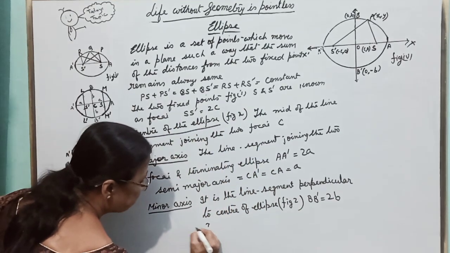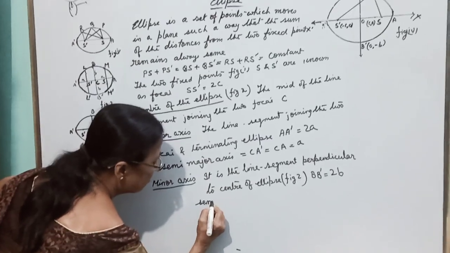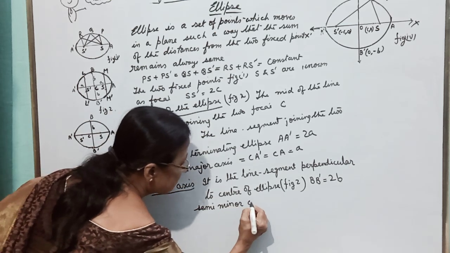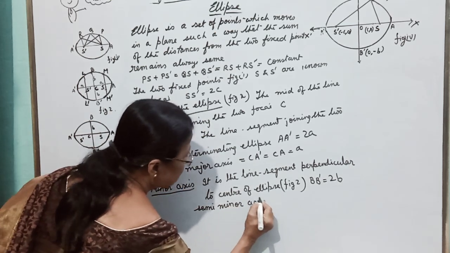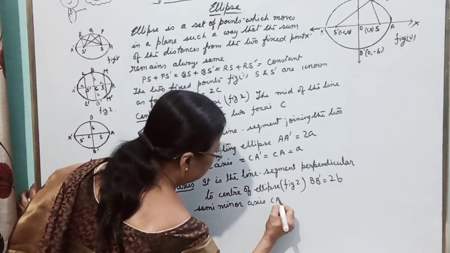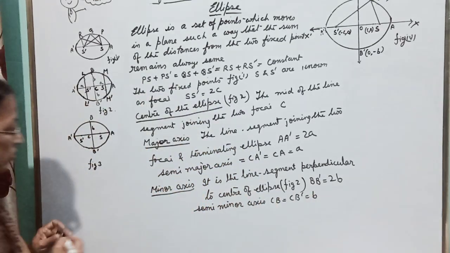Semi-minor axis: CB is equal to CB dash, equal to B.